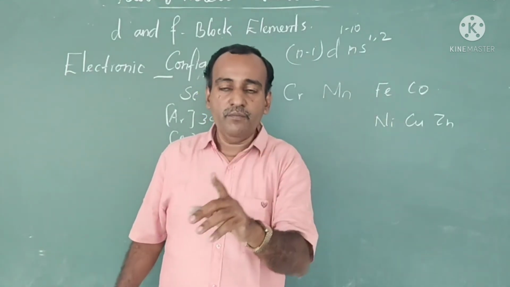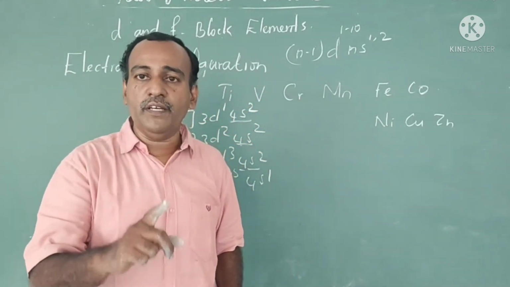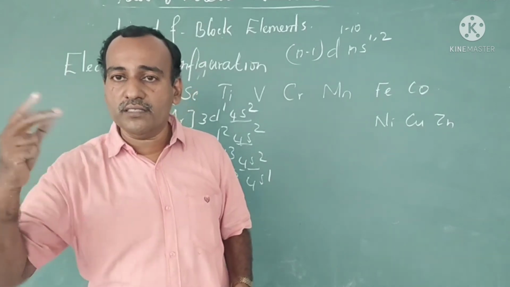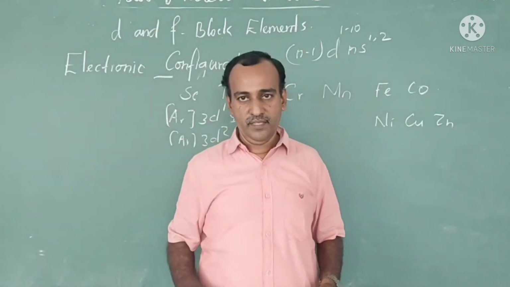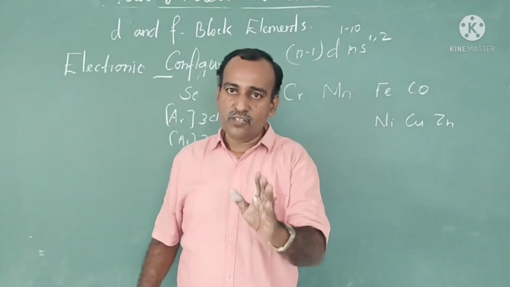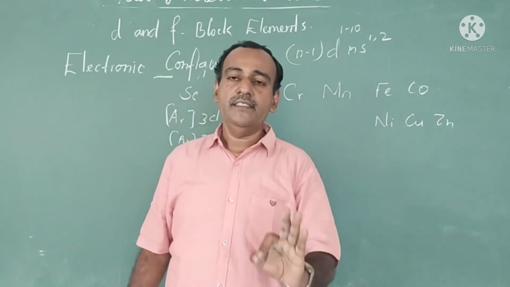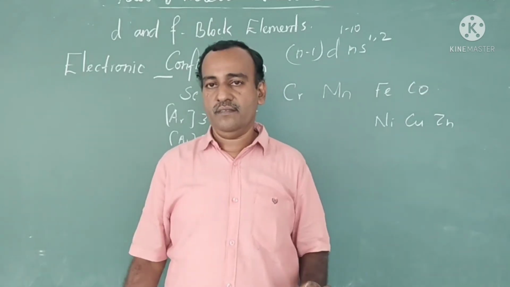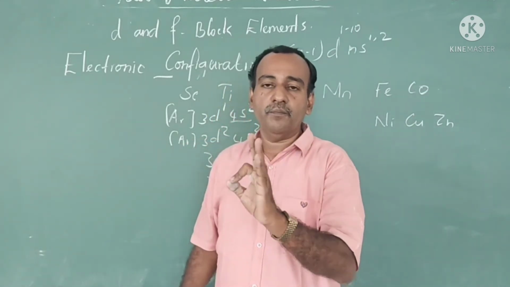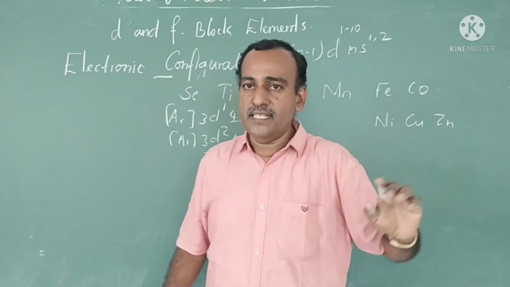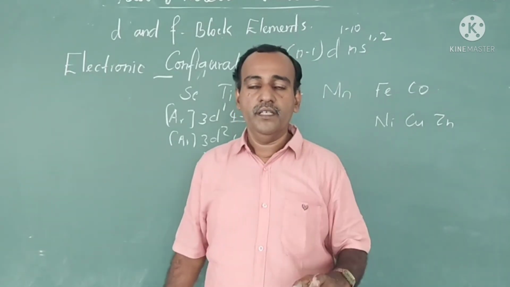Why? Because when we move from left to right, the number of electrons present in the valence shell, or the outermost orbital, is the same. When the number of electrons is the same, automatically they show the same characteristic features. That is why we study the properties in series, not in group.